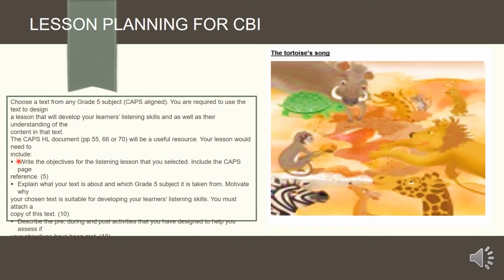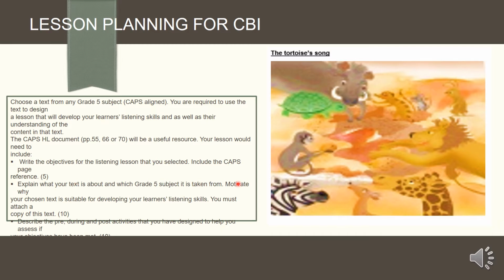First thing they require us to do is to write objectives for the listening lesson that you selected, include CAPS page references, explain what your text is about, and which grade 5 subject you took it from. Motivate why you chose this text as suitable to develop your learners' listening skills.